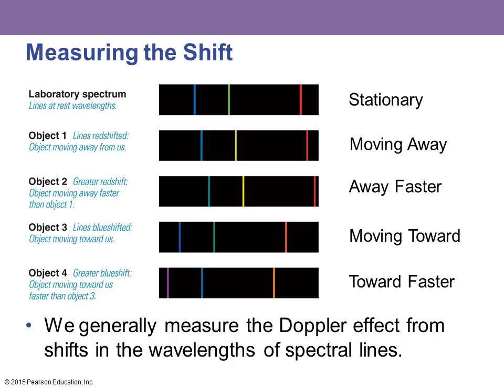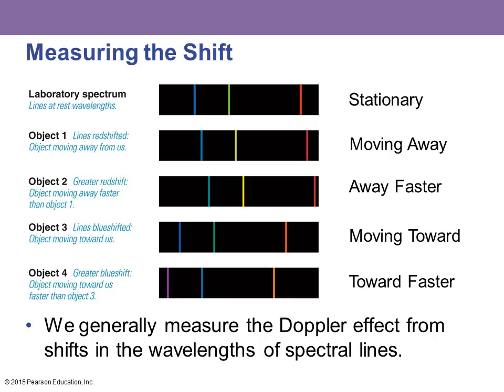Object 1 is moving away from us because we can see the spectral lines are shifted toward the right, or toward the red side. So that's red shifting. Whereas object 3 is moving toward us, and we can tell that because the lines are shifting toward the blue end of the spectrum. They're blue shifting.